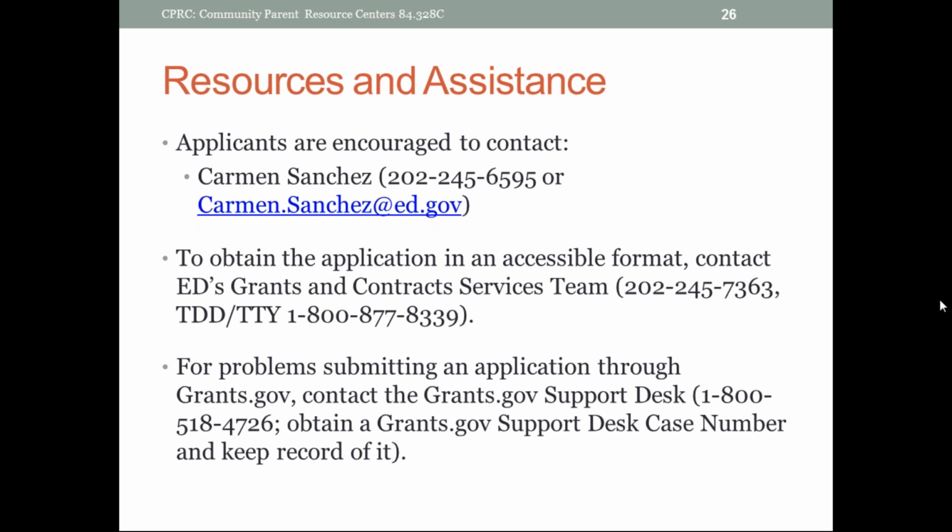The language is at the very end of the Federal Register notice. It tells you in general terms what the GPRA measures are: that they be high quality products and services, that they be relevant to the people being served, and that they be useful to the people being served. You can address them in the logic model, but you're not required to. It's there for your information that you will have to address the GPRA measures should you be funded.